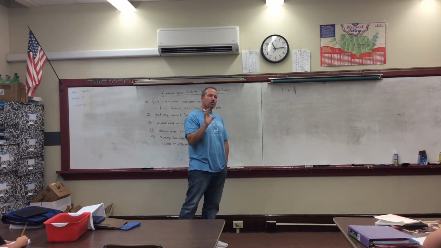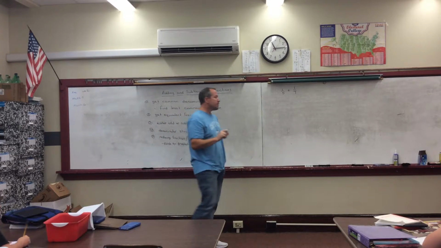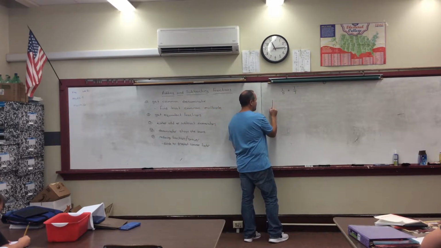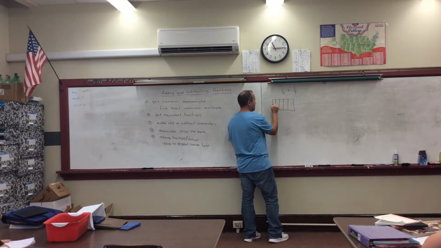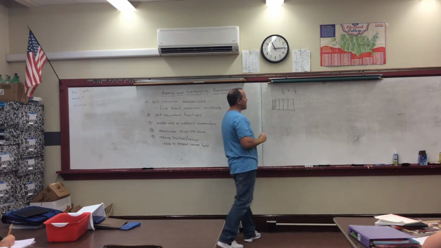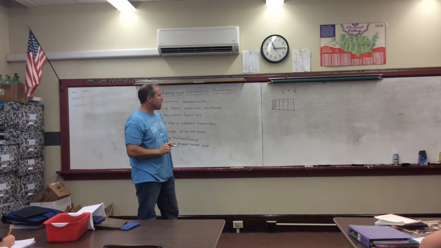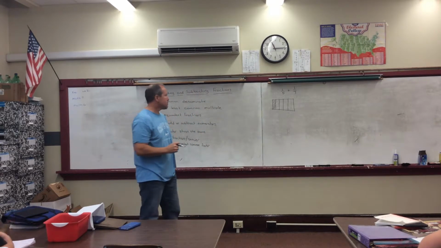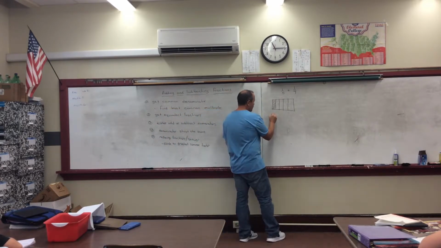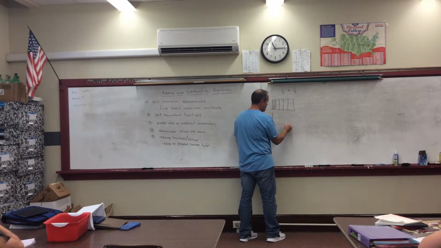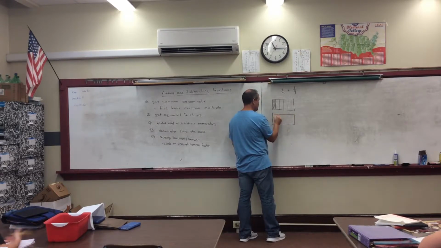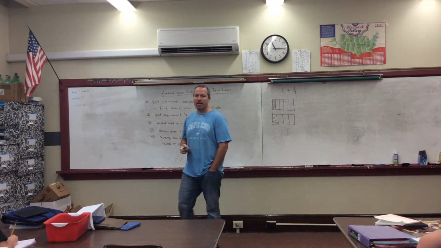Now, if we were to draw this fraction, one of those sections would be colored in, because that would be 1/5. For the 1/4, one of those sections would be colored in.